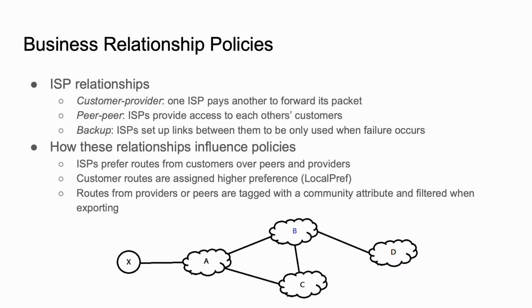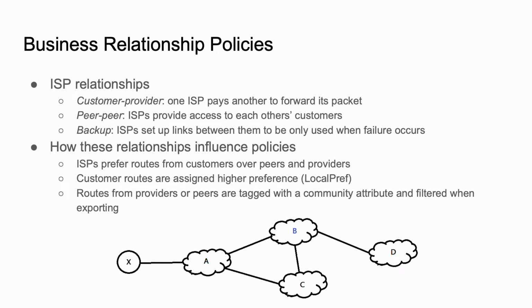In the peer-to-peer relationship, two ISPs have a mutual agreement to directly connect to each other without exchanging payment. This could possibly be because of equal amounts of traffic they have. Finally, in the backup relationship, two ISPs can set up a connection that is only used when a failure occurs at either side. These three relationships play an important role in routing policy.